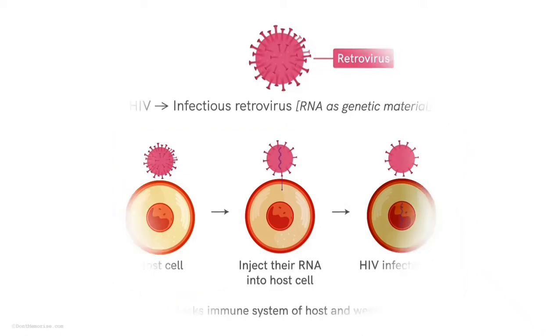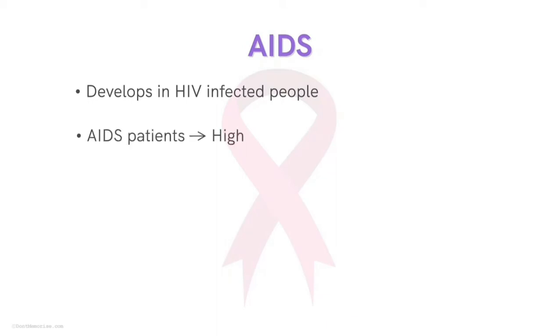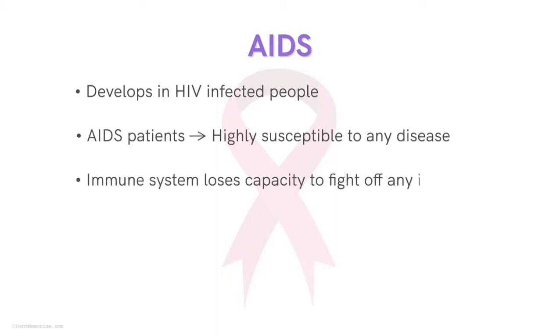Now let's move ahead and learn a bit more about AIDS. This disease develops in the HIV-infected people if their immune system is severely compromised. The people suffering from AIDS are highly susceptible to any disease as their immune system loses the capacity to fight off even acute infections efficiently.